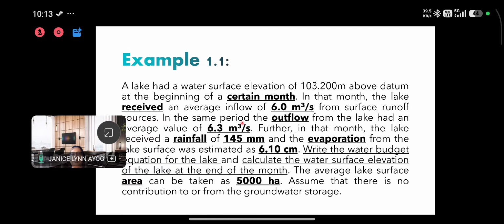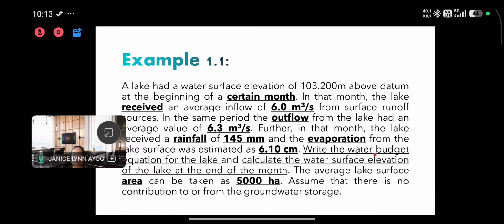In the same period, the outflow from the lake had an average value of 6.3 cubic meter per second, which is larger than the inflow. Further, in that month, the lake received a rainfall of 145 mm and the evaporation from the lake surface was estimated as 6.10 cm.